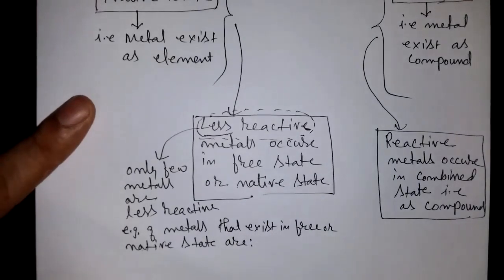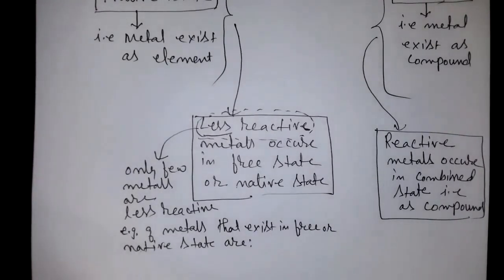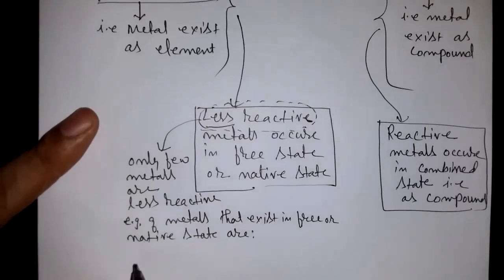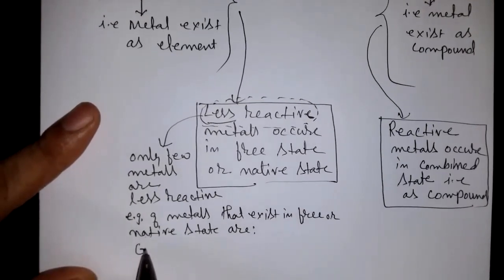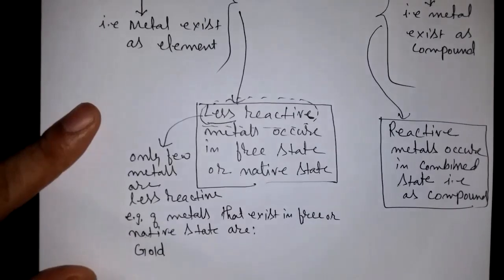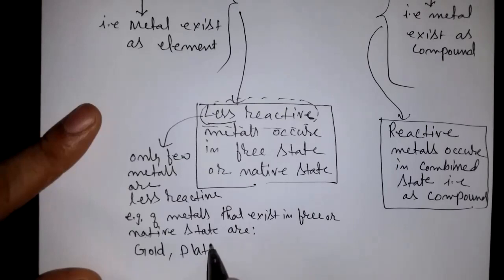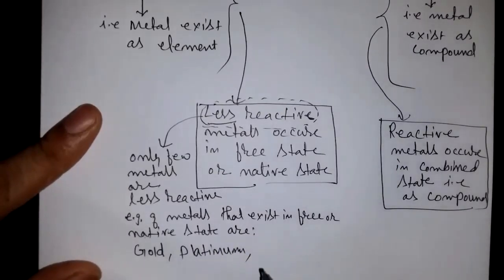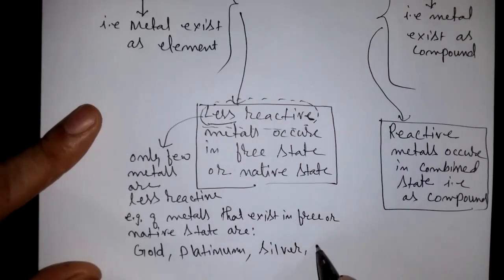If you see the reactivity series, you will just write what the textbook is writing. The textbook is giving examples: gold is the least reactive, then platinum, then silver, then copper.